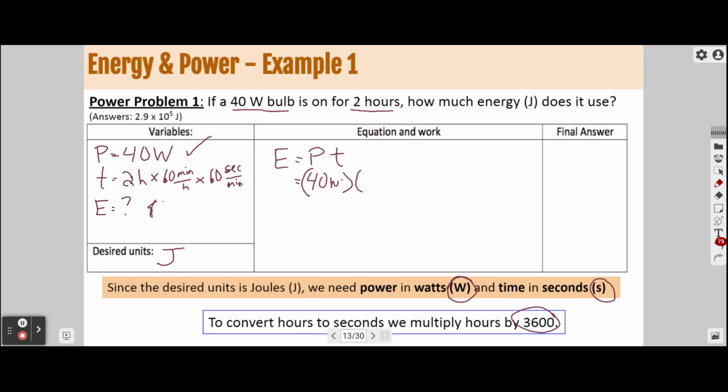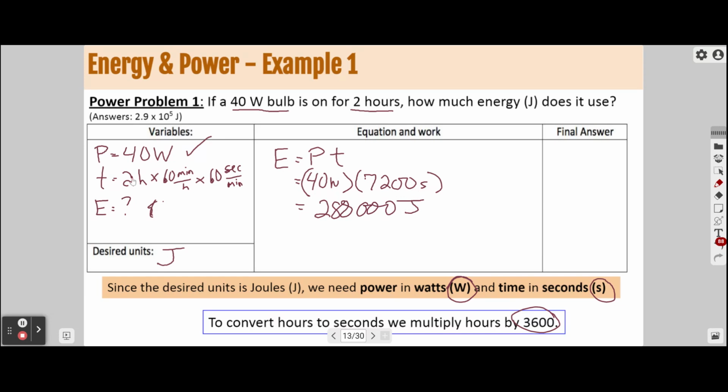And our time is going to be 2 times 60 times 60, which is 7,200 seconds. So we multiply 40 times 7,200 and we get 288,000. And these are watt seconds or joules.